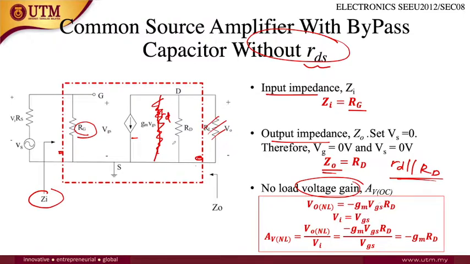That is the output, and the input is always VGS, so Vi equals VGS. The voltage gain is always output divided by input, so it is minus gm VGS RD over VGS. VGS cancels, leaving minus gm RD.